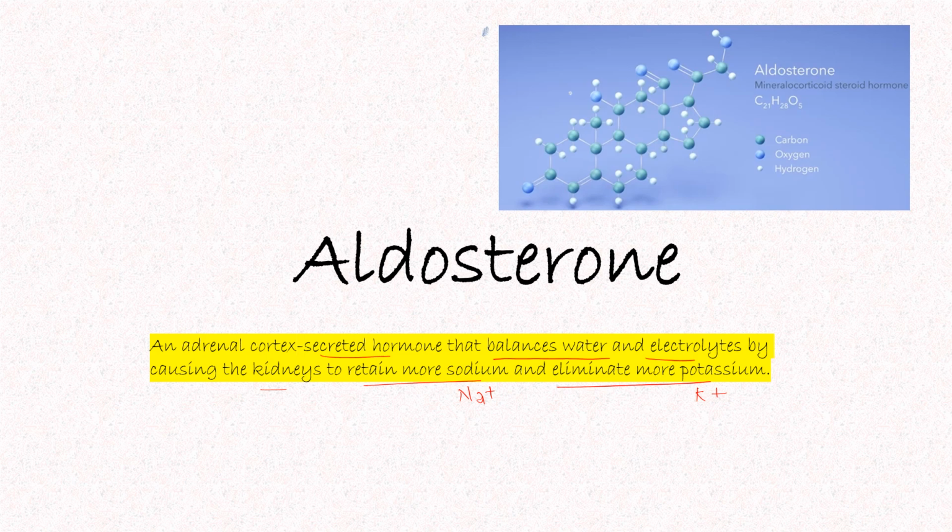In 1953, a research team in England and Switzerland successfully extracted pure aldosterone from beef adrenal gland.